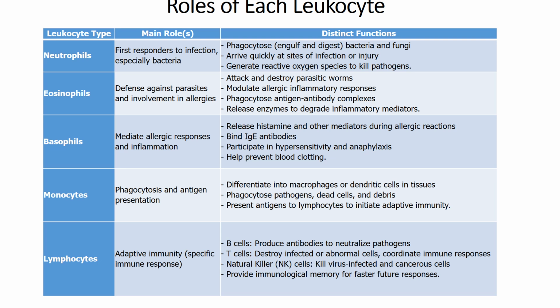Distinct function: B cells produce antibodies to neutralize pathogens. T cells destroy infected or abnormal cells and coordinate immune responses. Natural killer cells kill virus-infected and cancerous cells and provide immunological memory for faster future responses.